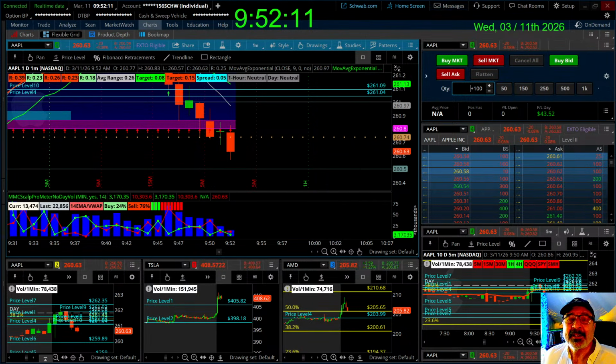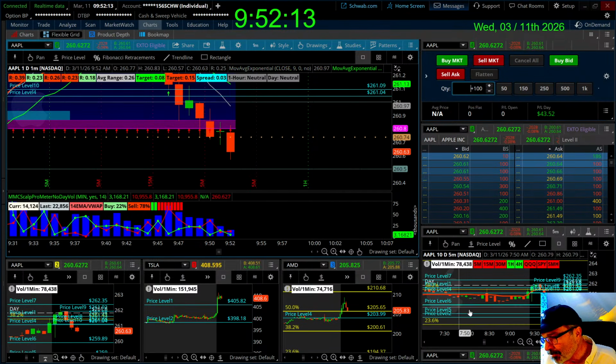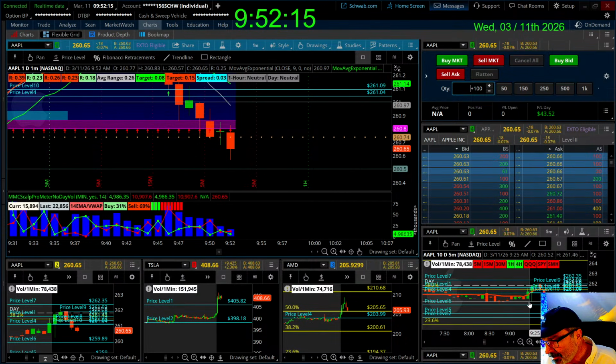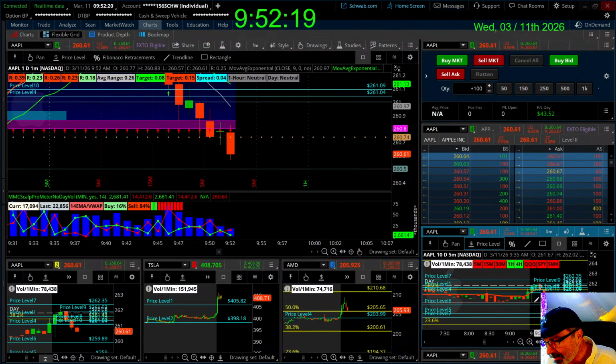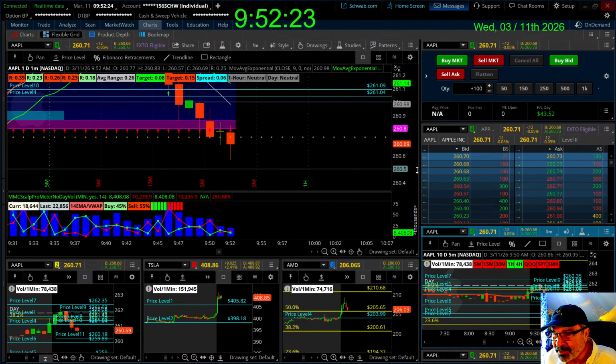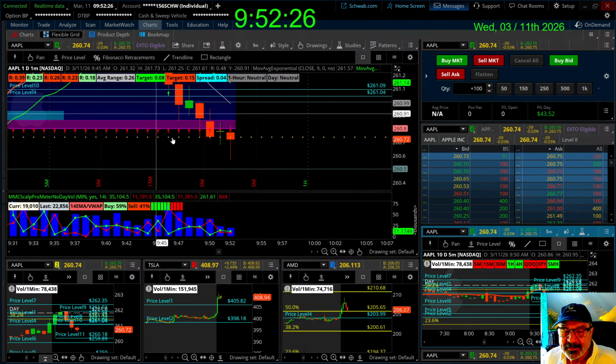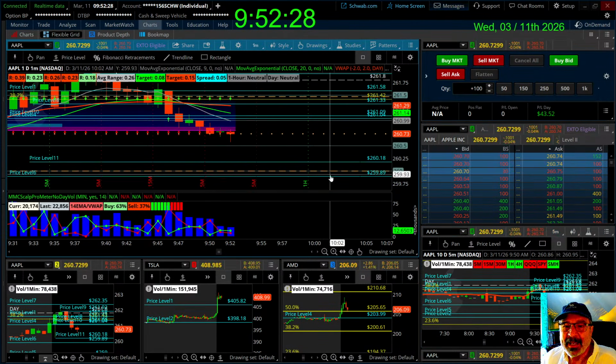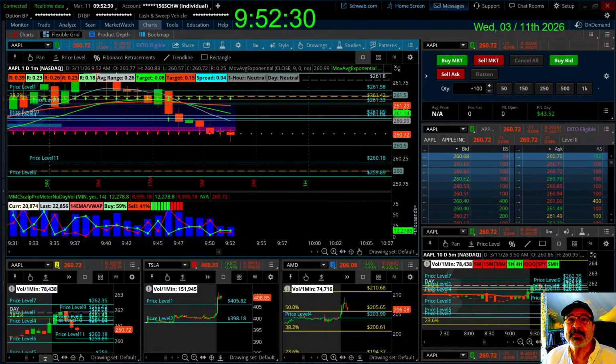If you guys stayed in it, what's my overall feeling about that? I would say that point of no return would be at the bottom of that spike, which is at $260 roughly. I need this to come back up before I even consider it to be grinding a little bit. So let's take a look at something else.